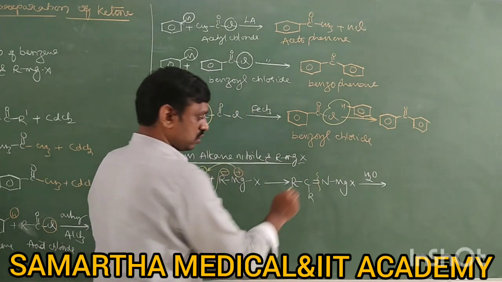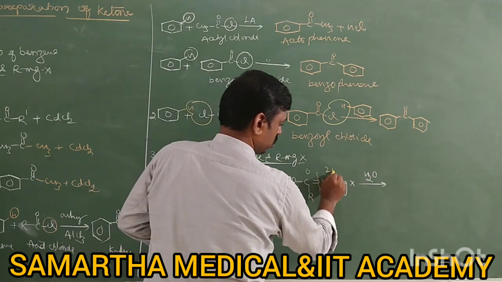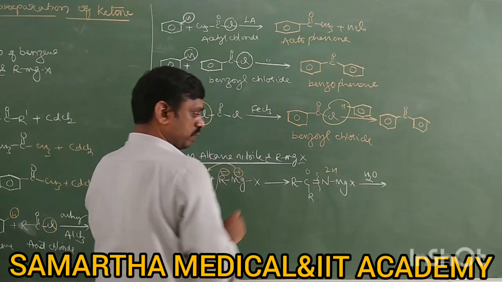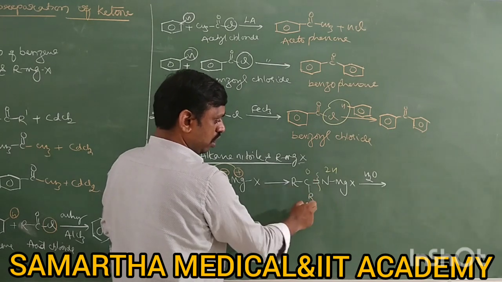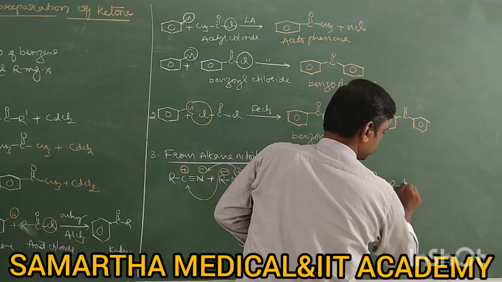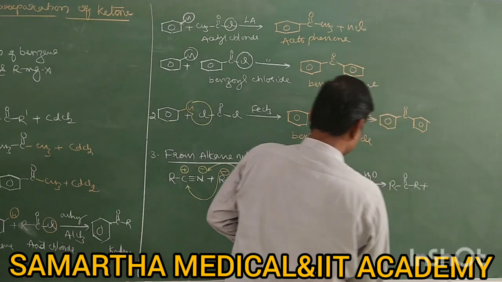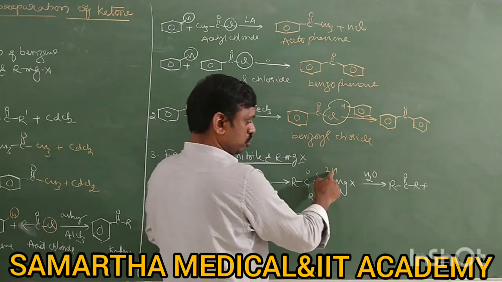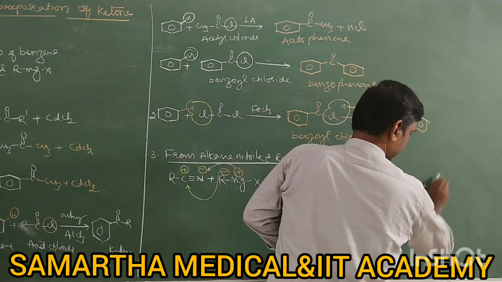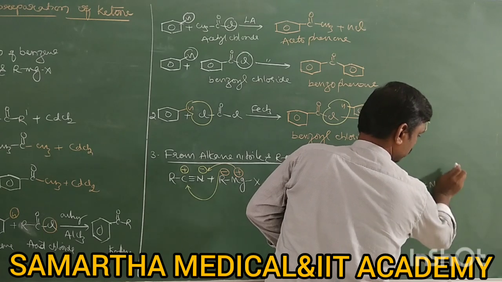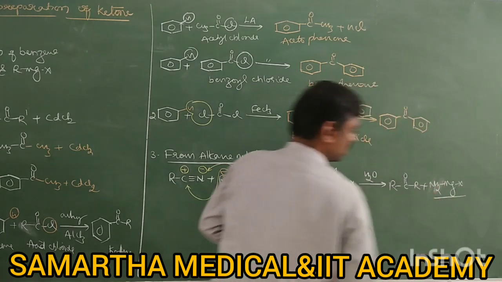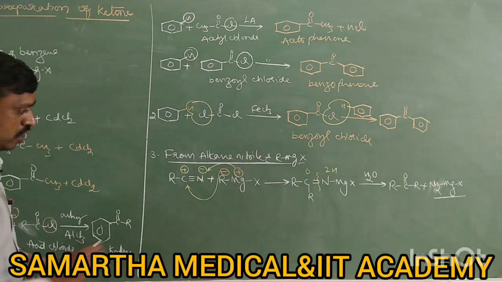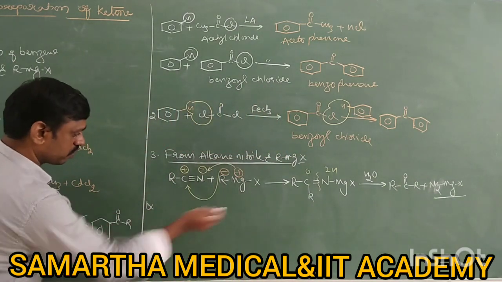It is hydrolysis, with oxygen and 2 hydrogens, H2O. Now tell me what it becomes? R C double bond O R, plus the remaining NH2 MgX, which is the byproduct.